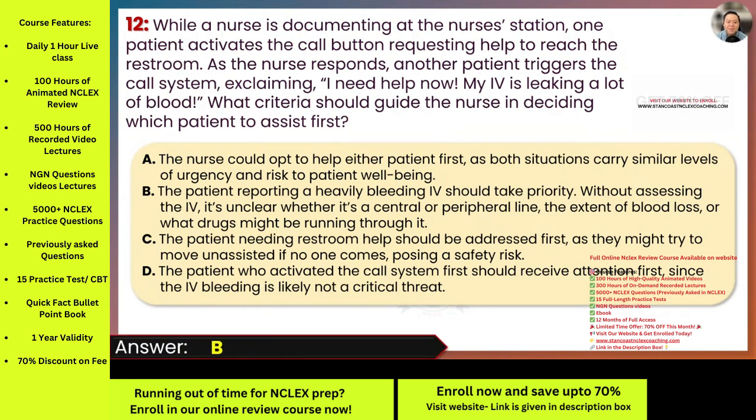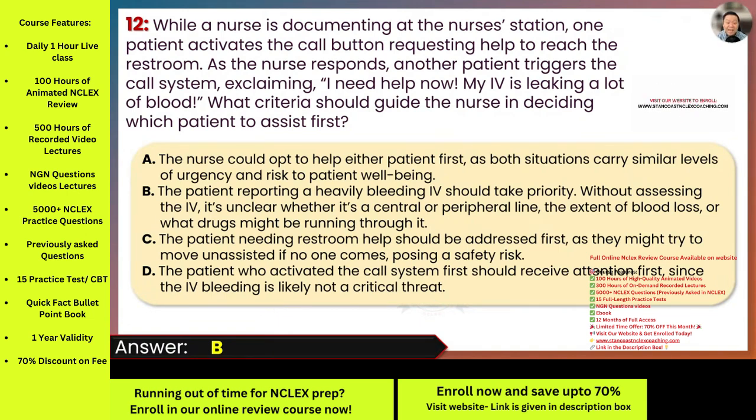Why? Well, going back to our prioritization following the ABCs: airway, breathing, circulation. With this report from the patient, active bleeding affects circulation, which is critical. The IV needs immediate assessment to determine if it is a central or a peripheral line, and you have to determine how much blood is being lost and whether medications, maybe vasopressors or anticoagulants, are also involved.